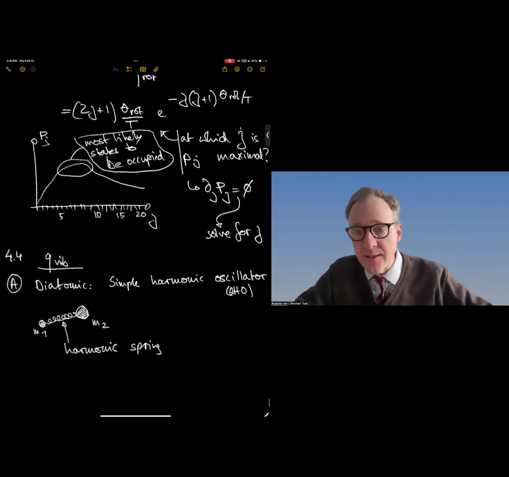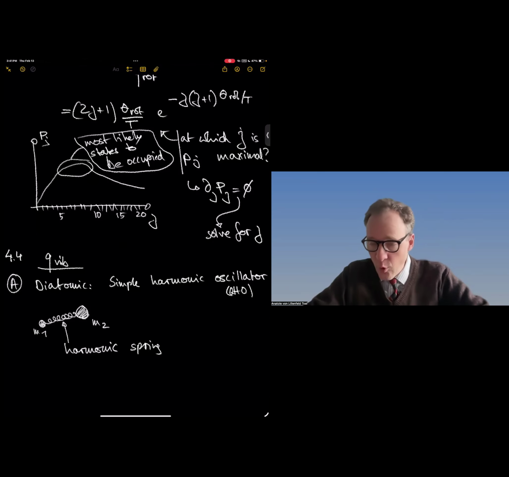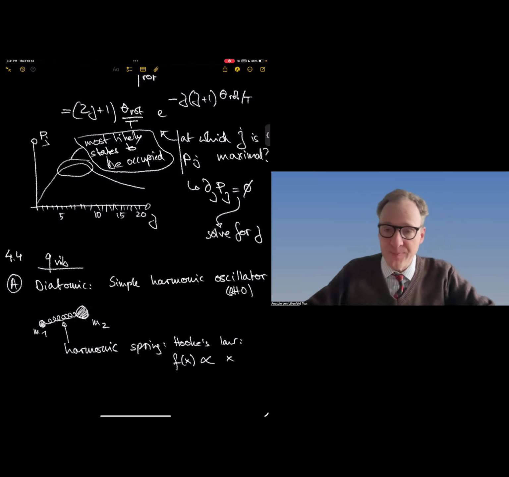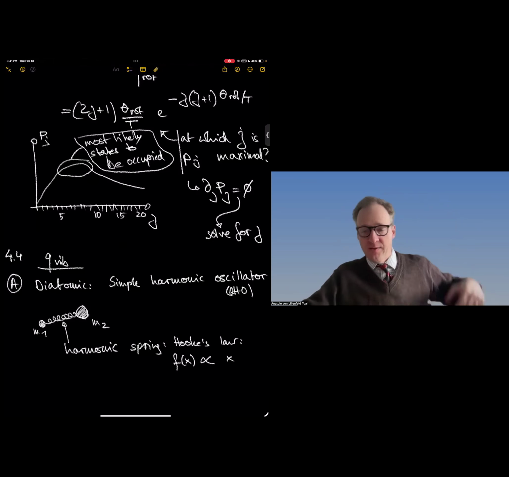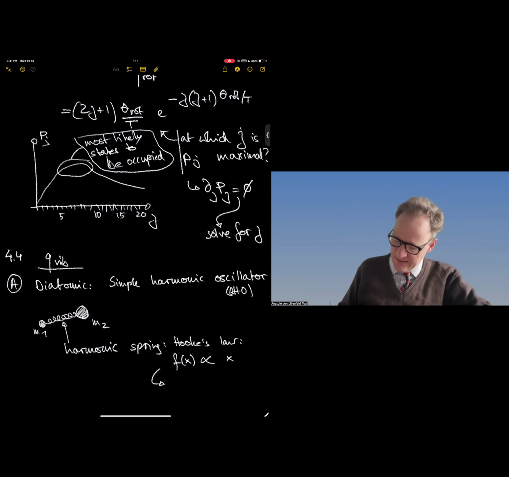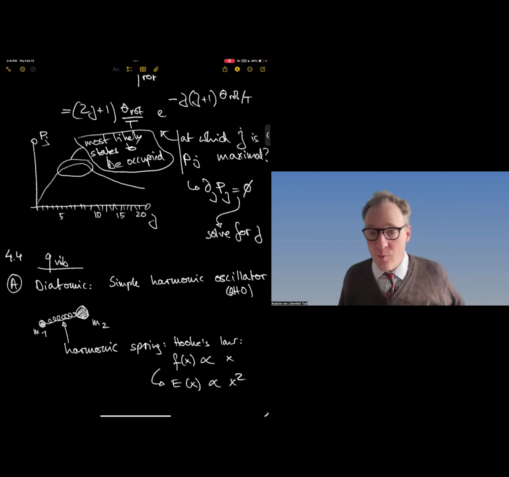And this is also known as Hooke's law, that you say that the force as a function of the distance should be proportional to the distance. Now, since the force is the derivative of the energy with respect to x, this means that the energy of x must be proportional to x squared.